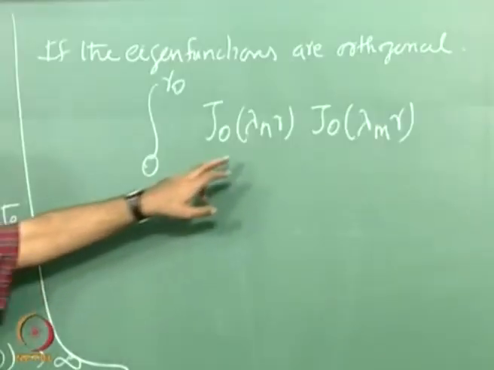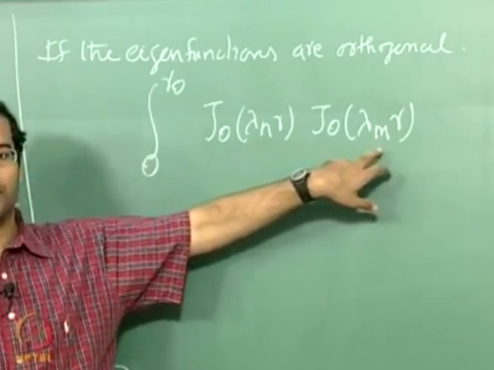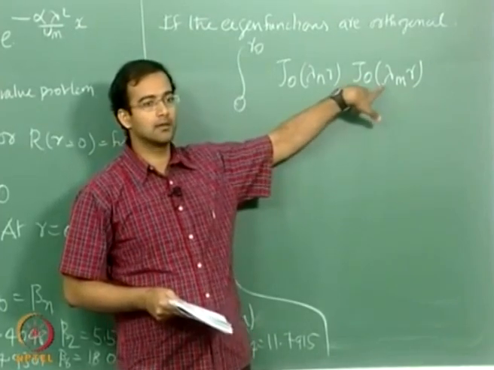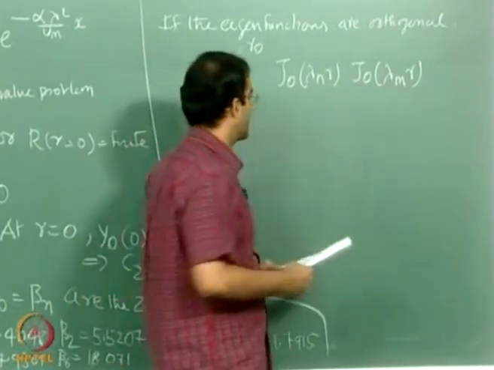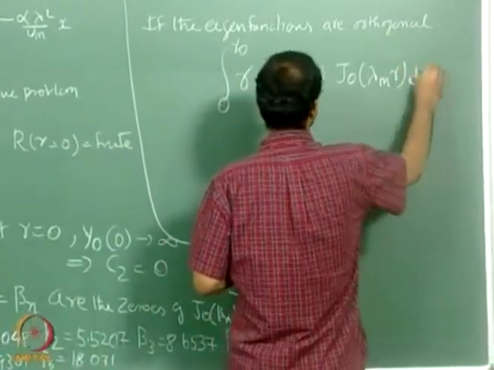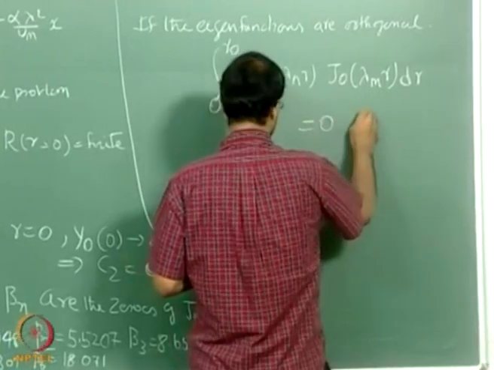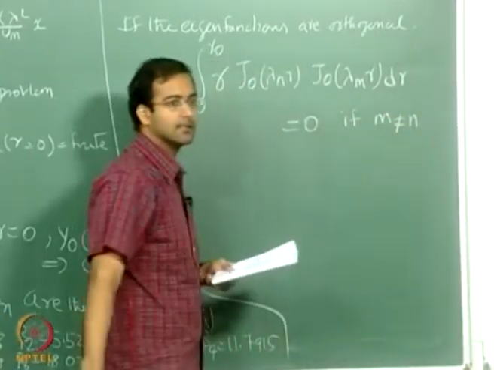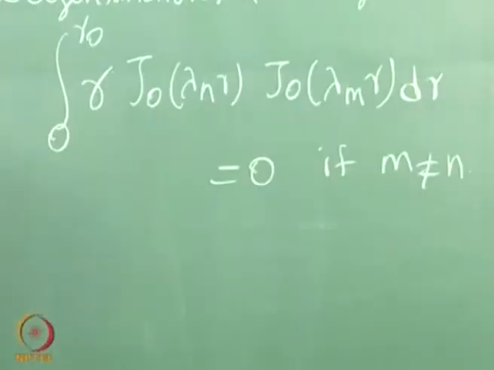Your n may go from 1, 2, 3 for a fixed value of m. Now if you multiply these two eigenfunctions and also multiply r, and integrate, this will be equal to 0 if m is not equal to n. This is the principle of orthogonality.